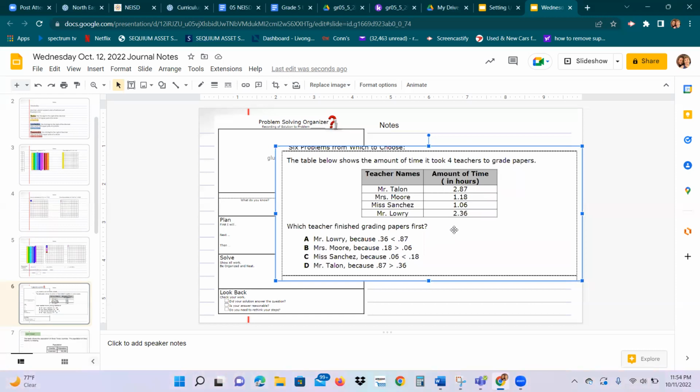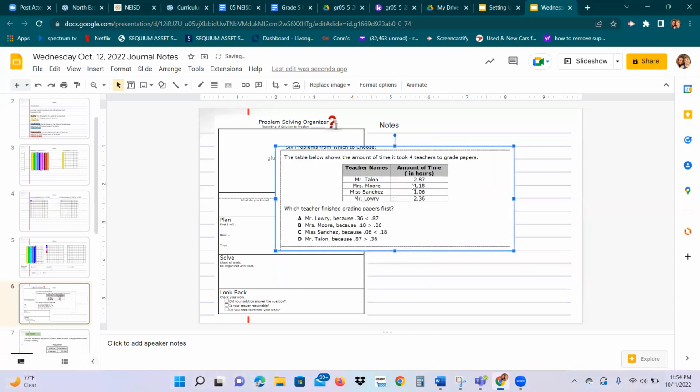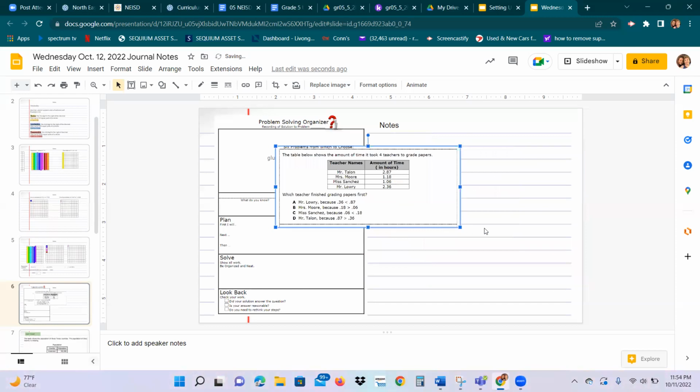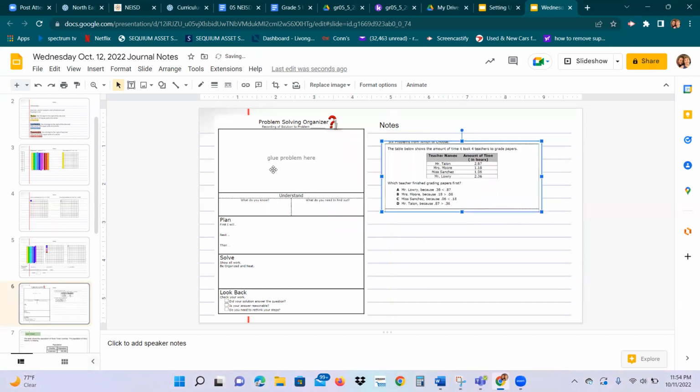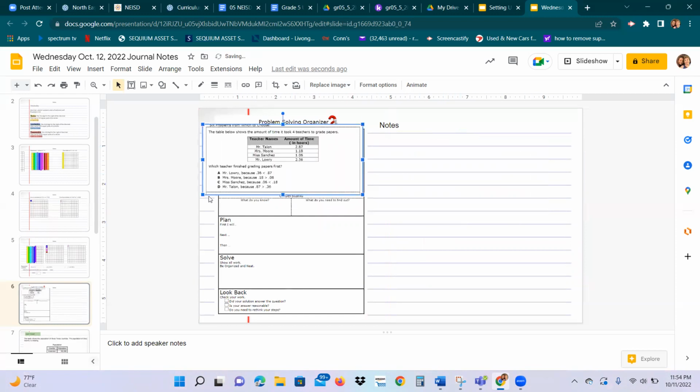So you're going to have to go through, you're going to cut, and then I'm going to shrink this up just a little. So you're going to cut, and then you're going to glue in this part right here where it has the glue problem here, and that's where you're going to glue it. Okay.